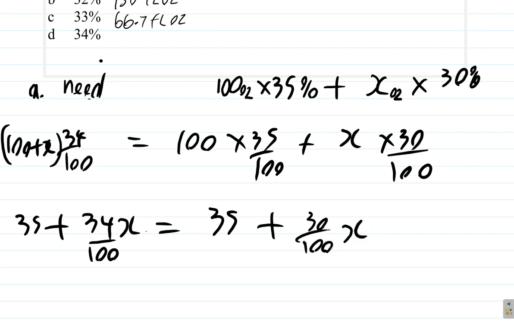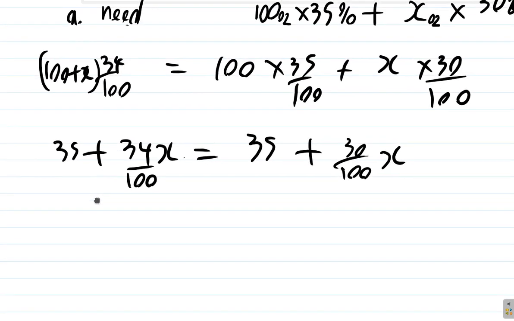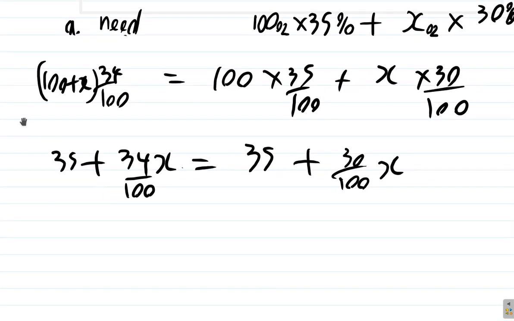So here now, what we have, if we subtract 30 out of 100 x from both sides, and also subtract 34 from both sides. Why did I write 35 over here? It's 34.